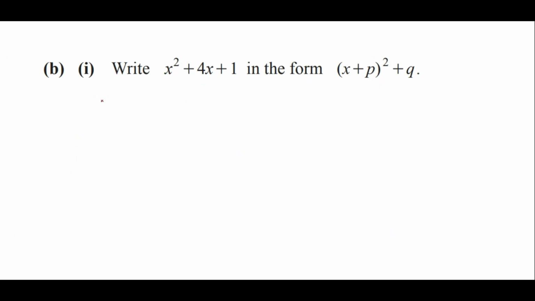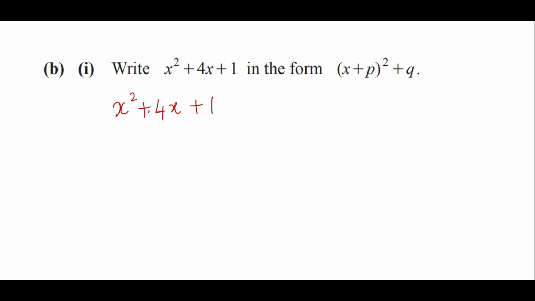Now this is another question which is similar to the previous one. You have to write x squared plus 4x plus 1 in the form x plus b the whole square plus q. So here you will be completing the square method. X squared plus 4x plus 1.